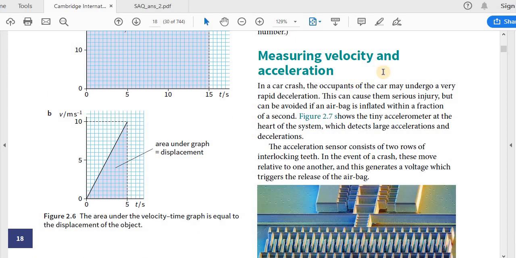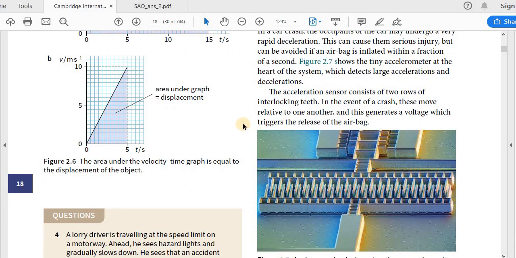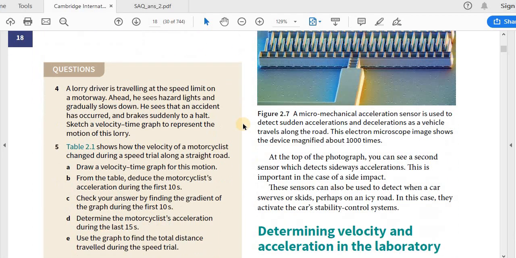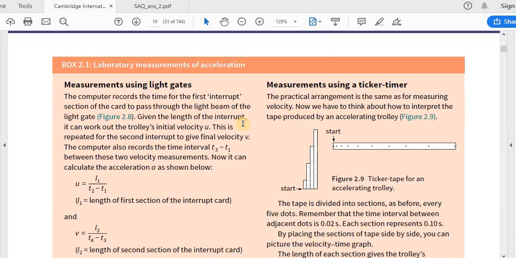Okay, then about measuring velocity and acceleration. Okay, so here are the methods that we can use to find the acceleration. So one method is, now earlier in the previous chapter we learned how to measure speeds.